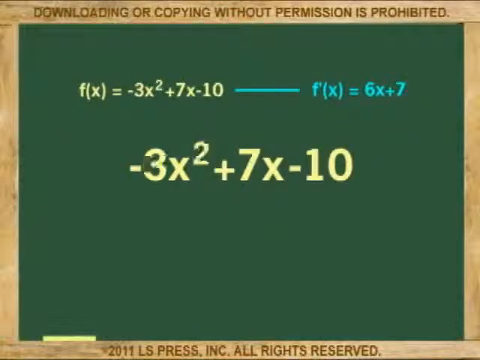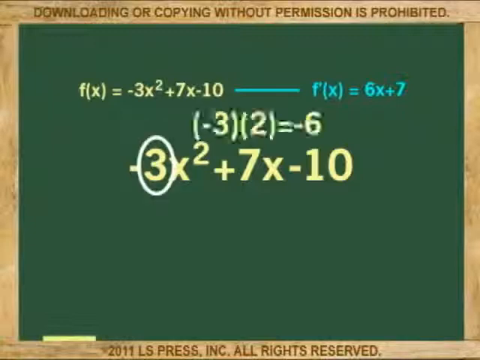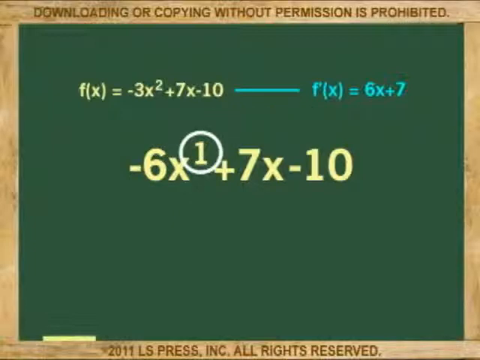The same happens in the second example, except that because it has a coefficient other than 1, the exponent gets multiplied by the coefficient, and the exponent gets reduced by 1. Negative 3 times 2 is negative 6, and the exponent 2 becomes 1.